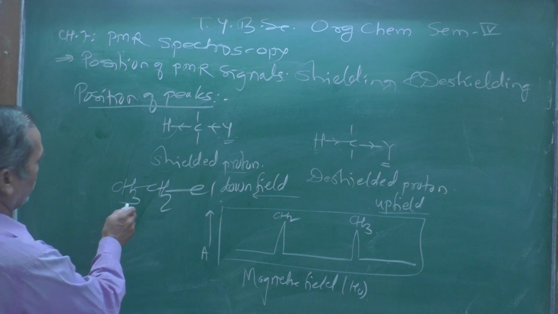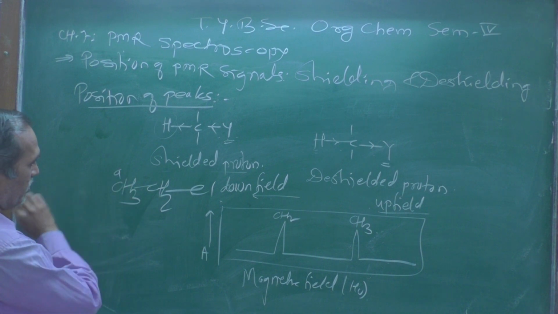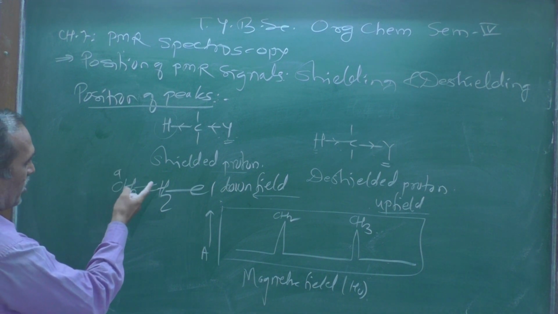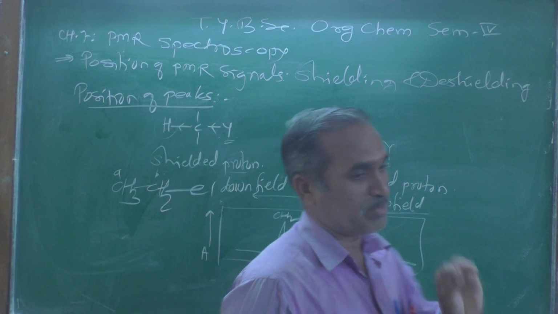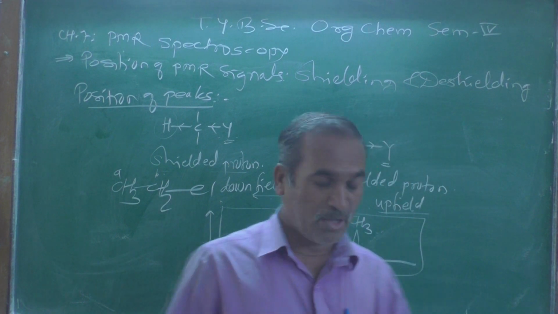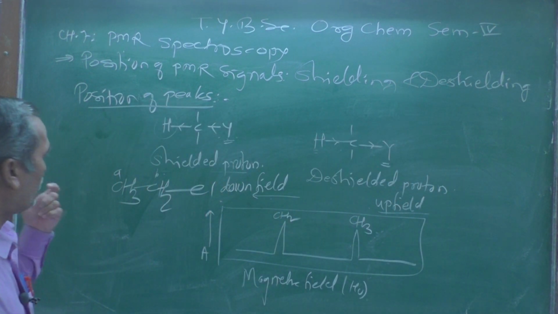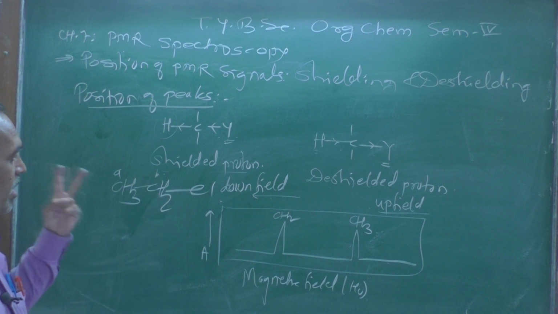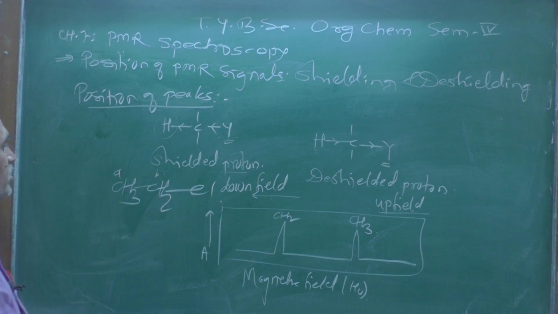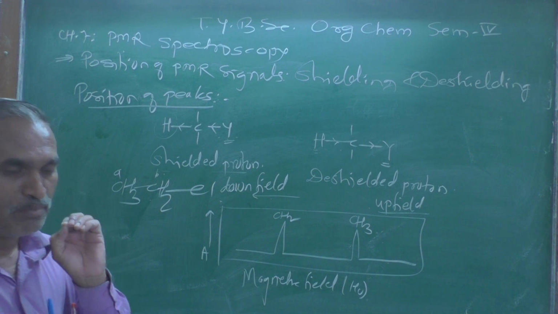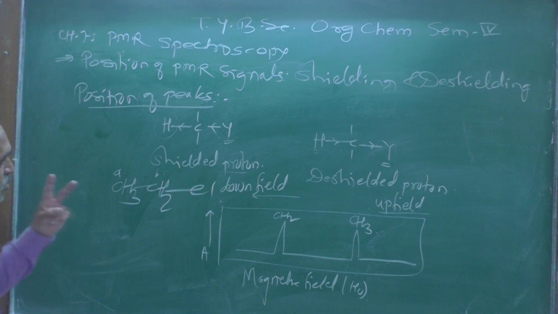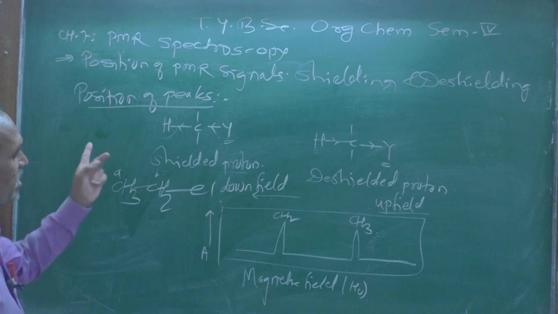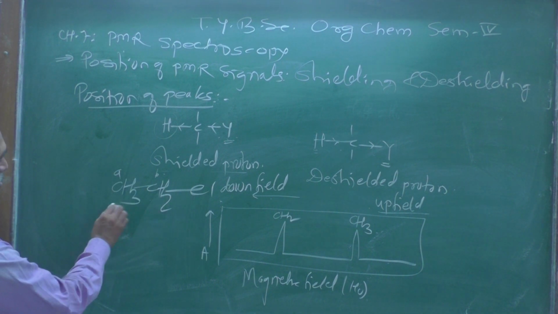Look here, the methyl group protons are chemically the same, so you can call it one kind of proton, and this you can call another kind, meaning there are two kinds of protons present in ethyl chloride. Therefore it will produce two sets of PMR signals.